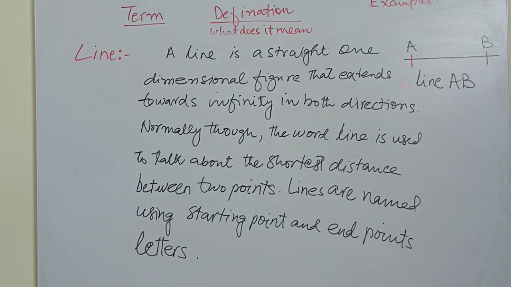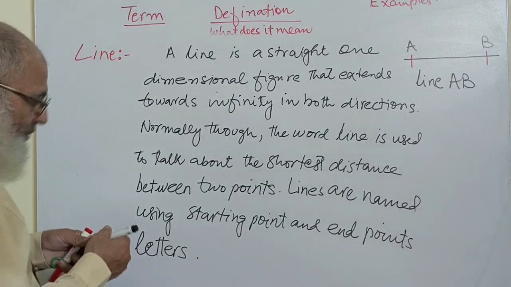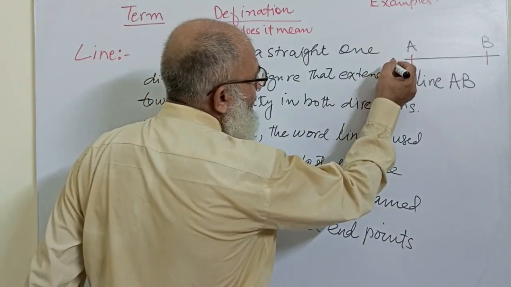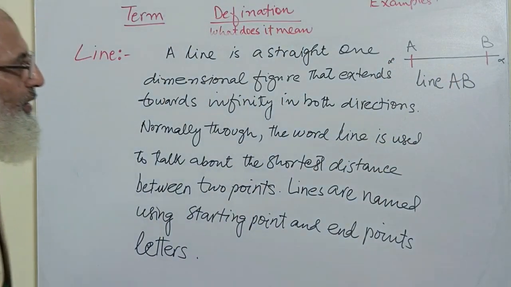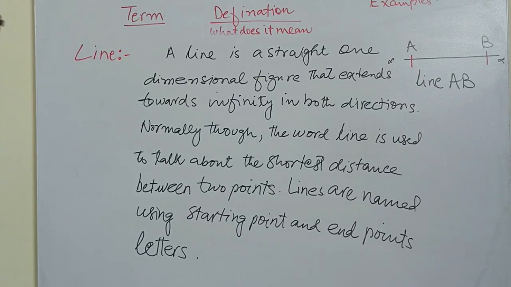In the example, you can see that we have marked 2 points on this line, whereas it extends to infinity on both sides. Normally, though, the word line is used to talk about the shortest distance between 2 points.